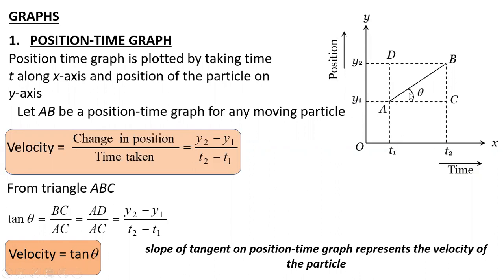So tan theta is also y2 minus y1 by t2 minus t1. If I compare both relations, velocity can also be calculated by the formula tan theta. So tan theta gives the slope: change in y, change in position, upon change in x, that is change in time.